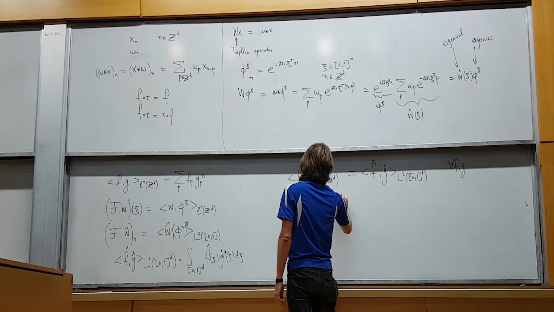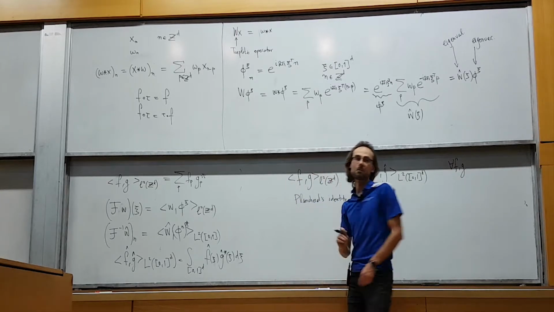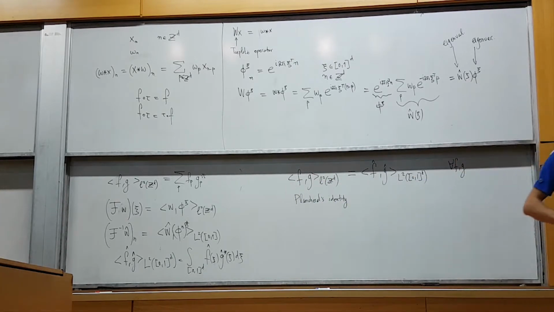And probably a more famous identity is derived in the particular case when you substitute g equals f. So if you substitute g equals f, this inner product of f with itself becomes the norm squared of f, right?